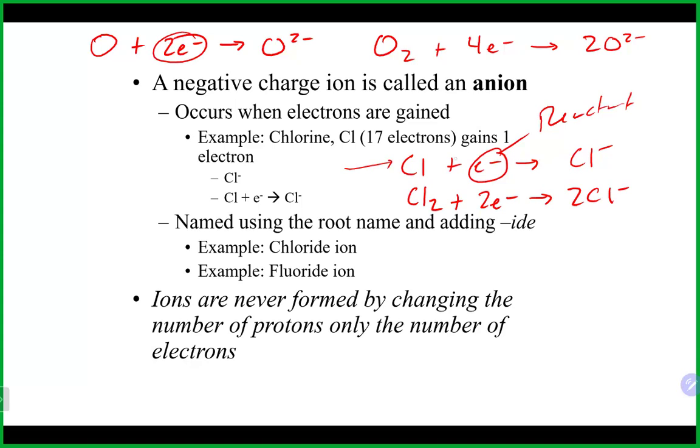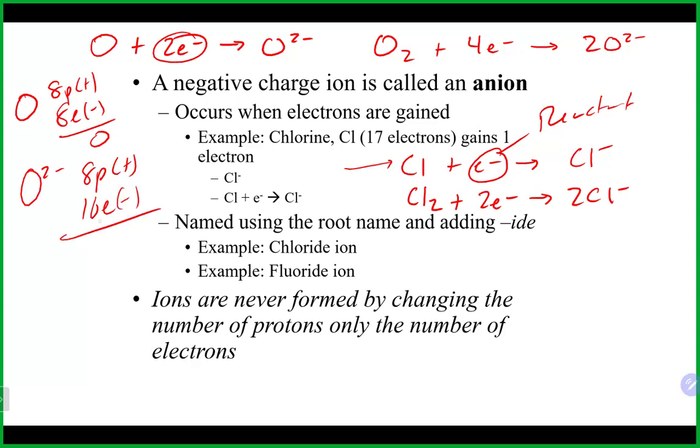Now, when we see that negative charge has gained electrons, as neutral oxygen there are 8 protons and 8 electrons, which gives you no charge overall. Oxygen with a -2 charge still will have 8 protons because it's oxygen, but it will have 10 electrons in this case. Again, 10 negative things and 8 positive things gives you that -2 charge that's left over.